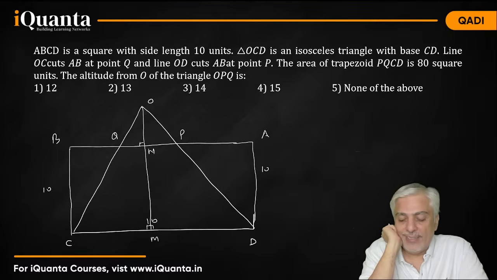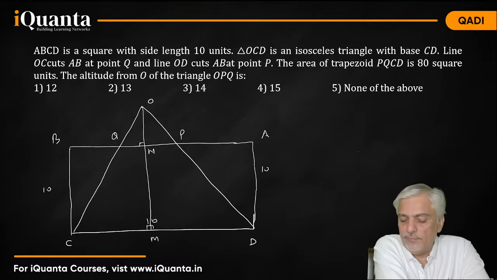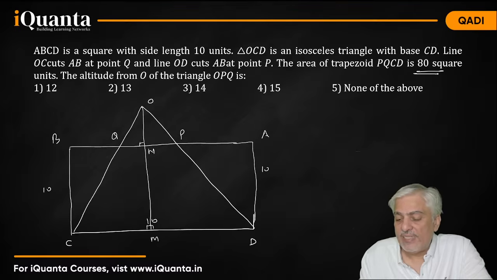We want to find ON. Area of the trapezium is given as 80.